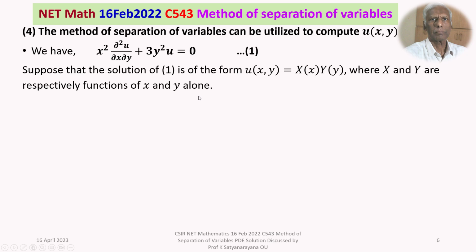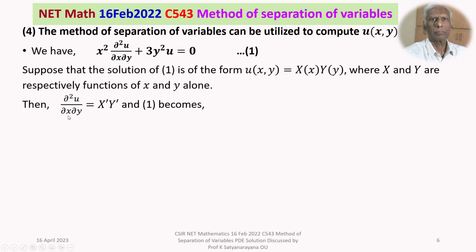Agreed. So if this is the case, del square u by del x del y is equal to X prime into Y prime, the derivative of capital X with respect to x once, times Y prime.